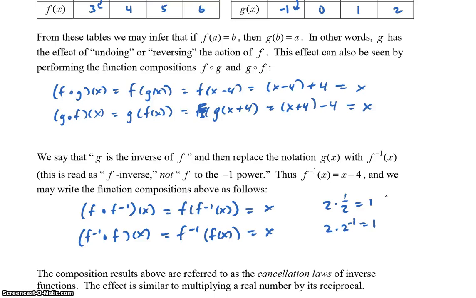With function composition, the f inverse notation is not referring to a reciprocal because the operation that we're using, the way of combining the functions, is not multiplication. If it were multiplication, we would use the reciprocal. But being function composition, it's not the reciprocal that gives us the inverse. It is a function rather that reverses the action of the original function. That is what actually represents the inverse.